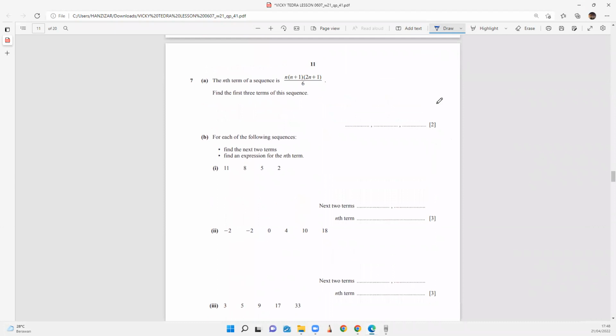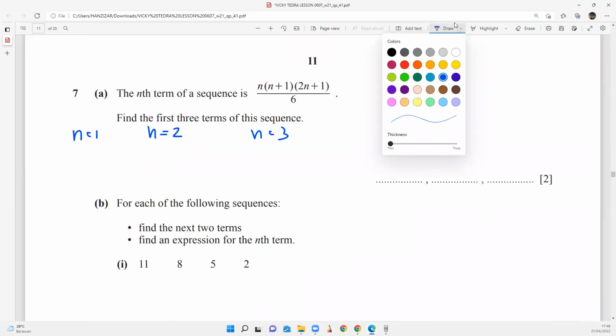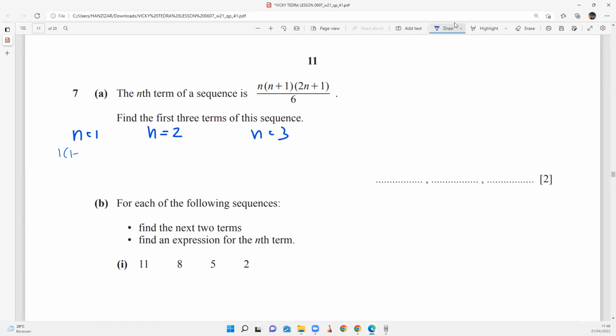The nth term. So n is the order of the term. So list the first 3 terms in this sequence. Okay, term number 1, n equals 1. Term 2, n equals 2. Term 3, n equals 3. Just insert the formula directly. Okay, make it thinner. 1, 1 plus 1, 2 times 1 plus 1 bracket over 6.